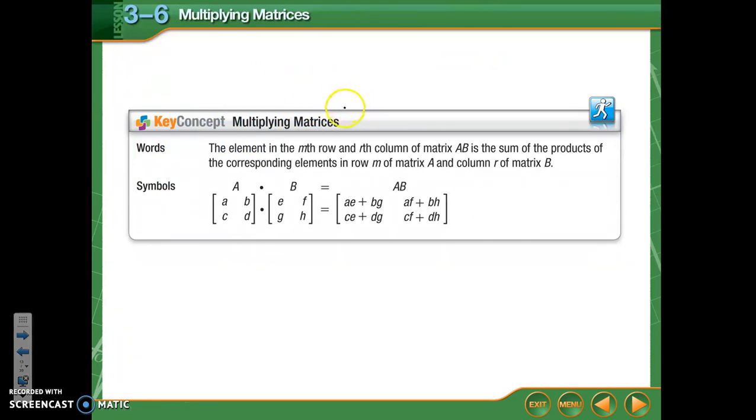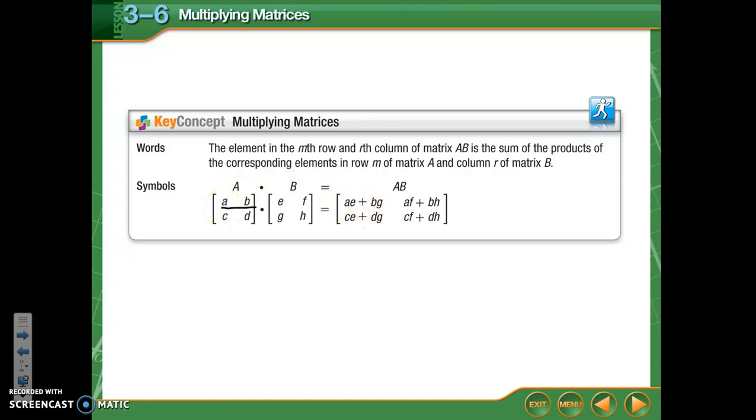Okay, when I multiply matrices, basically what I have to do is multiply the rows in A times the columns in B. So look over here. My first element in my product, in my result, is AE plus BG.